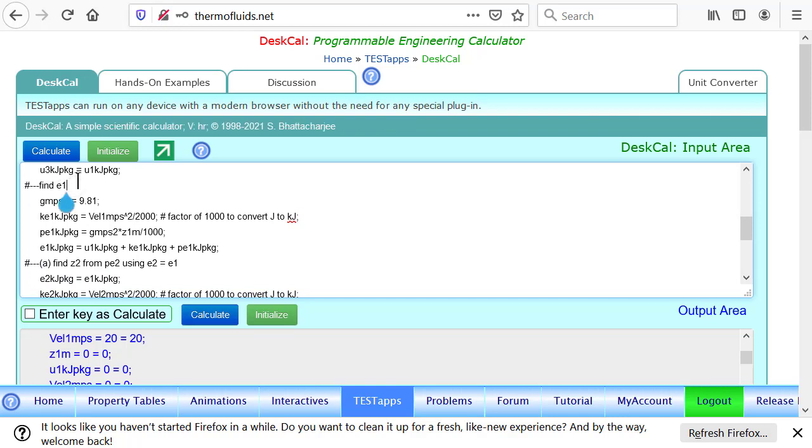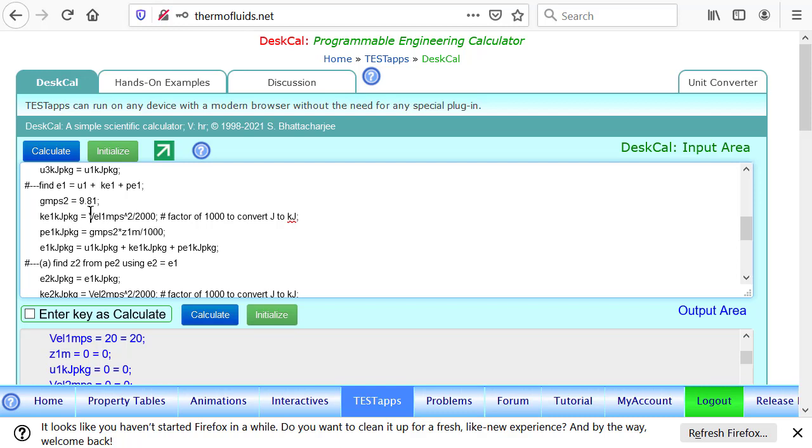Find E1. So basically, if you write, you can expand the comment. E1 is nothing but what? E1 equals U1 plus Ke1 plus Pe1. And that's the physics. In computer code, we are putting the unit to remind us what units we are using on both sides of the equations. So gravity in meter per second square is 9.81.